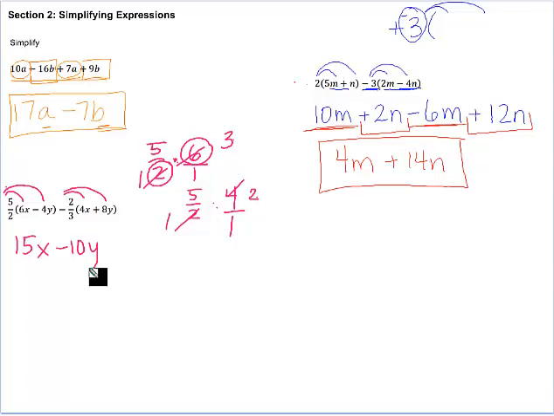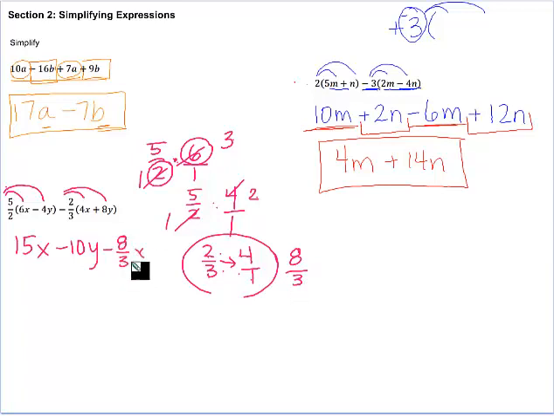Okay. Now 2/3, we can do the same exact idea here for 2/3. When we take 2/3 times 4, notice that nothing actually simplifies here, top and bottom. So you just multiply straight across. So 4 times 2 is 8. 3 times 1 is 3, so that's 8/3. So we'd have minus 8/3 x.